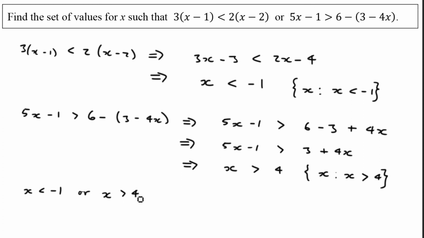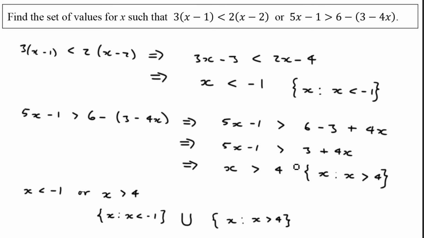We could either write this by saying that x is less than -1 or x is greater than 4, or in set notation we could say that we have values of x which are less than -1, values of x which are greater than 4, and the symbol for values in here or values in here is this symbol.